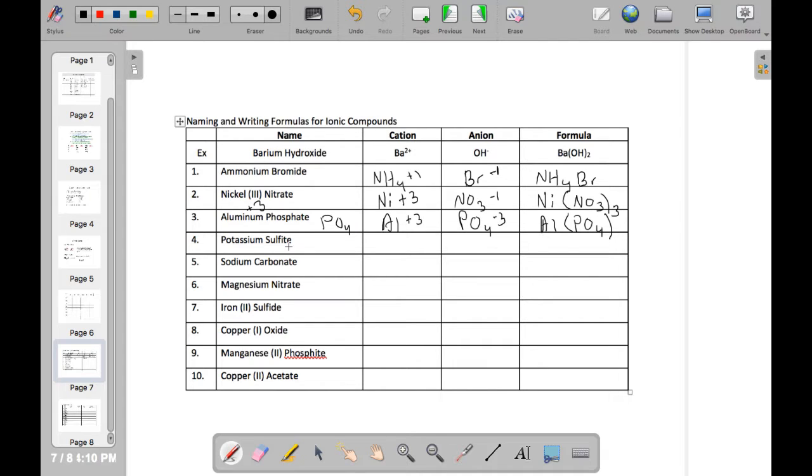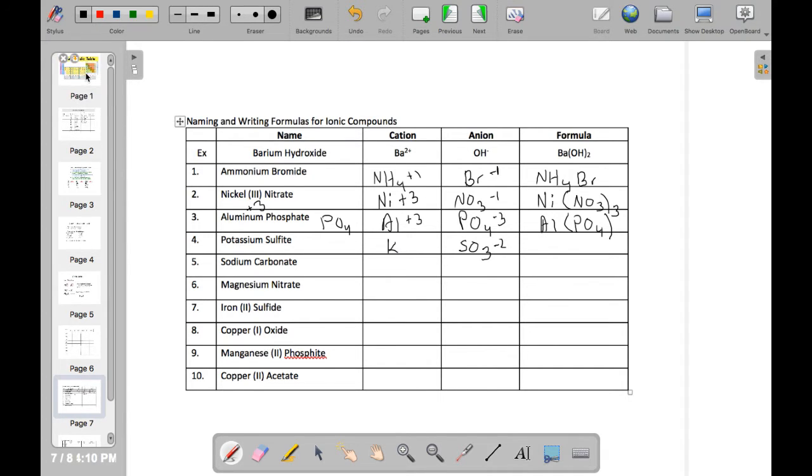Now over here, I have sulfite. Yet again, I know sulfate is SO4. Sulfite is SO3, -2 charge. It's on the table if we needed to look at it. Potassium. Potassium is K. Let's go look at the periodic table.